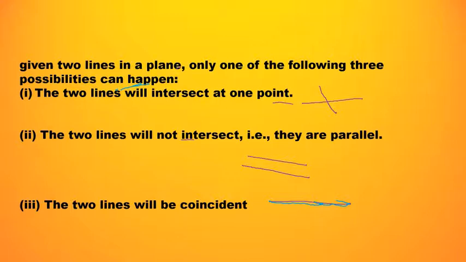You can keep the lines without touching each other. You can keep your arms one over the other. So it can be parallel, or you can cross and keep it without touching it. That is, if it is in a plane, then it has to intersect at one point, or they are parallel, or they are coincident. So spatial relations, they are different. That we will be learning later.